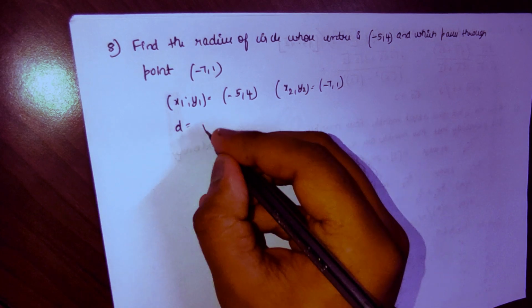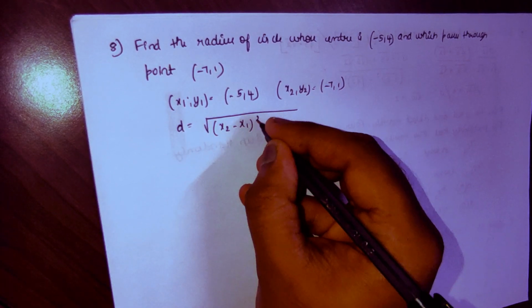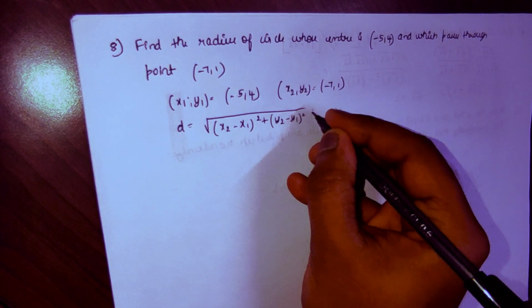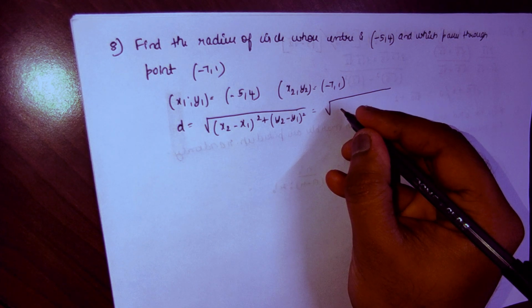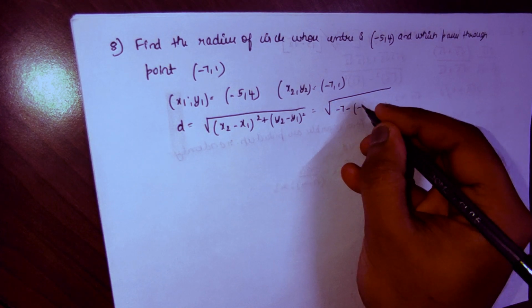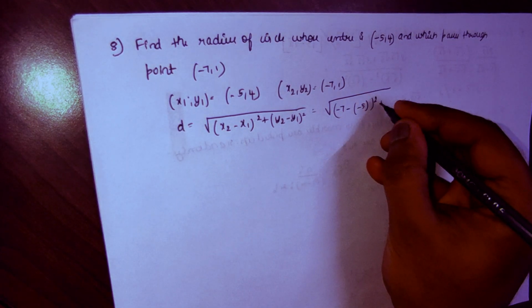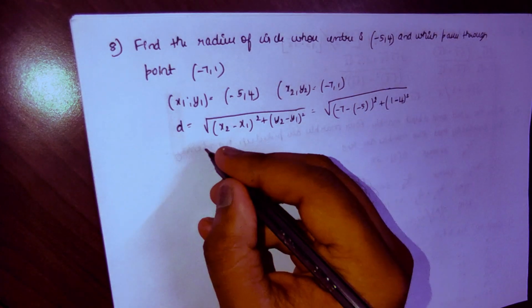By the distance formula, we know square root of (x2 minus x1) whole square plus (y2 minus y1) whole square. We substitute the values here. We will get (minus 7 minus of minus 5) whole square plus (1 minus 4) whole square.